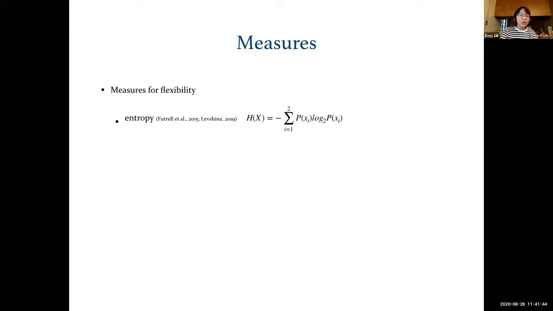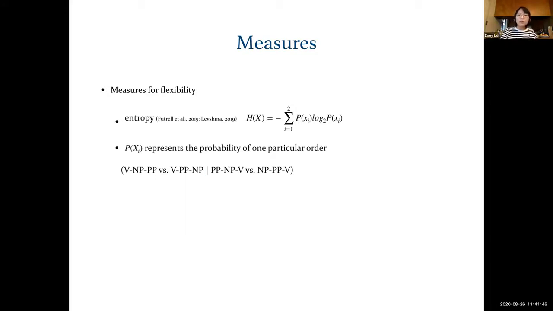In particular here, the probability represents that of one particular order in either the post-verbal or the pre-verbal context. And a higher value of entropy corresponds to more ordering flexibility.